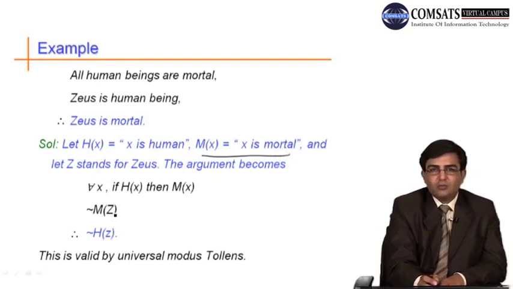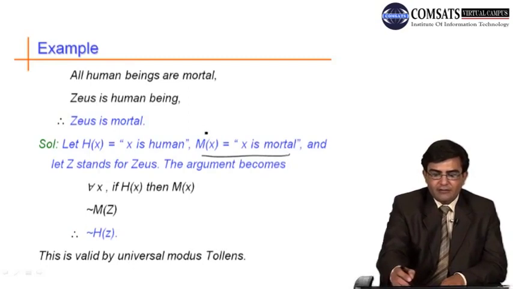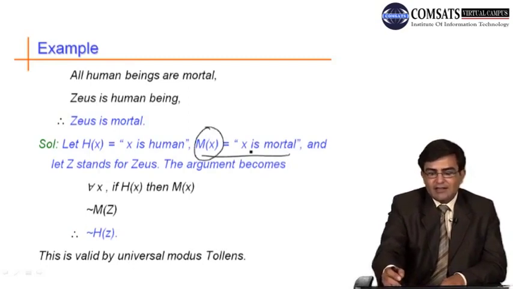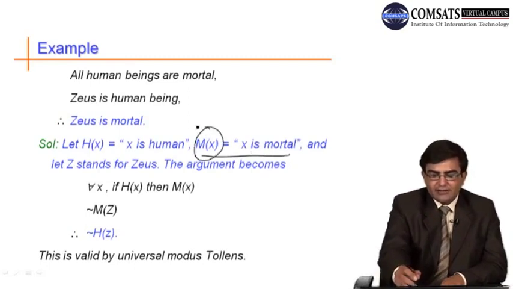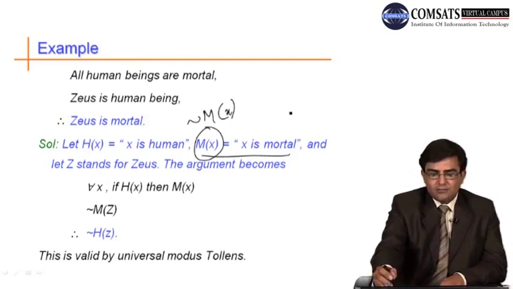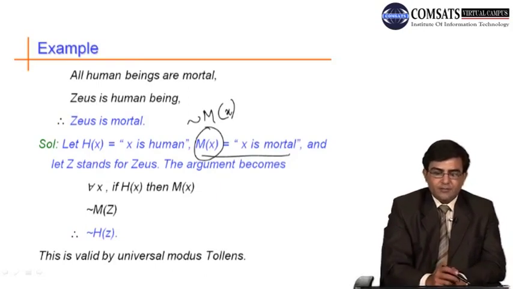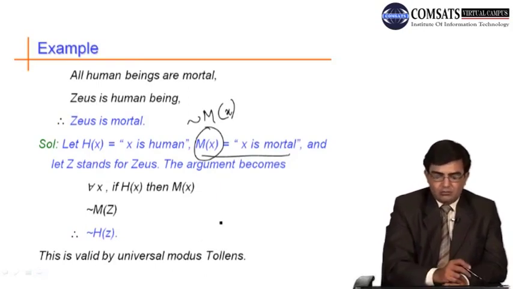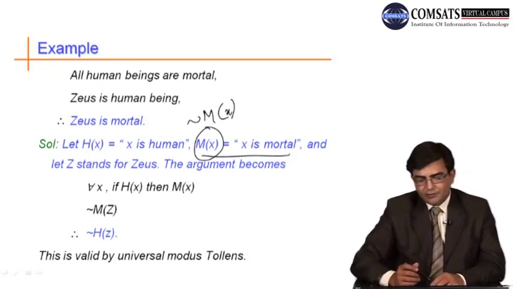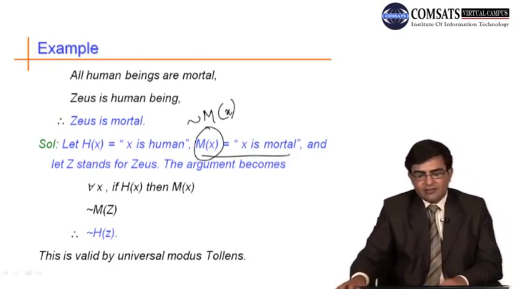Z is not mortal, because if m of x is x is mortal, then not m of x is x is not mortal. If Zeus is not mortal, then we can draw a conclusion by using modus tollens that Zeus is not a human being. So this is valid by universal modus tollens.